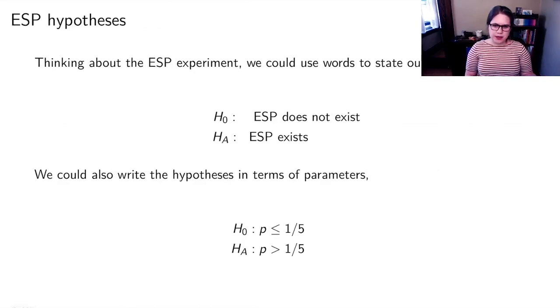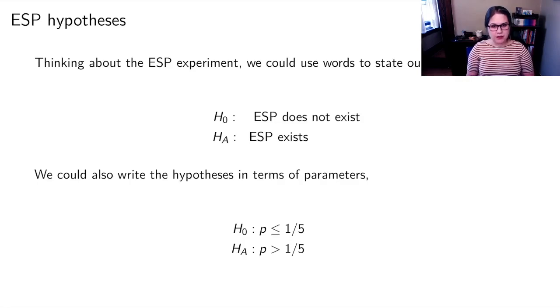With the ESP example, we could either use words or parameters to write out our hypotheses. With words, our null hypothesis, the kind of boring thing, that there's no effect, would be that ESP does not exist. And the alternative hypothesis would be that ESP does exist. That's the interesting thing that we're kind of secretly hoping is true. But most of the time, we write out our hypotheses in terms of parameters.